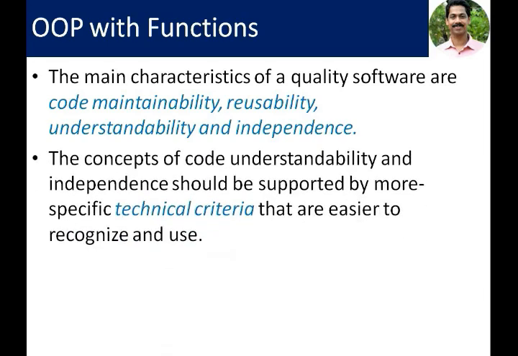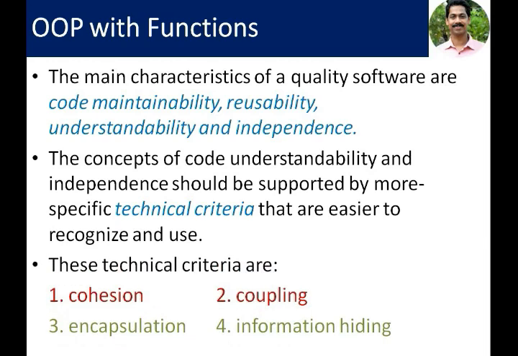The concepts of code understandability and independence should be supported by more specific technical criteria that are easier to recognize and use. So these technical criteria are cohesion, coupling, encapsulation, and information hiding.